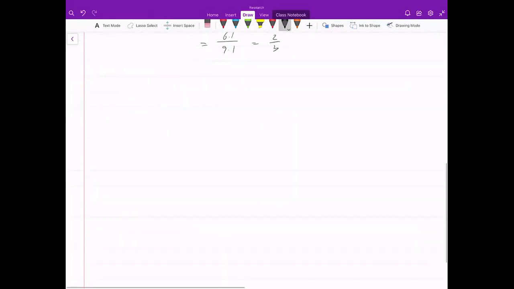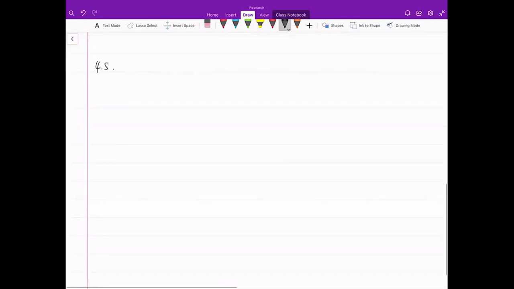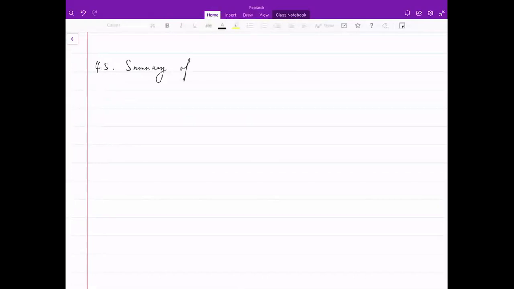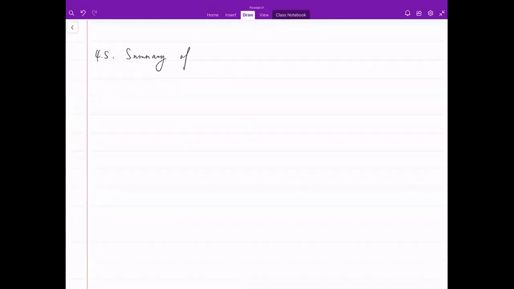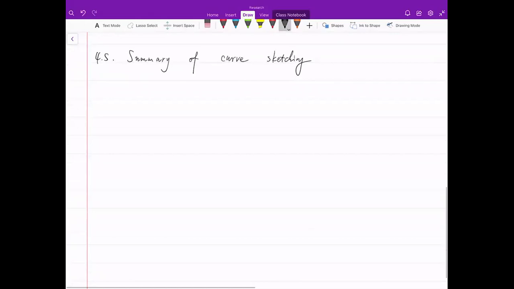All right. If no questions, we move to section 4.5, curve sketching. Summary of what we did for 4.3, where we know f prime x.